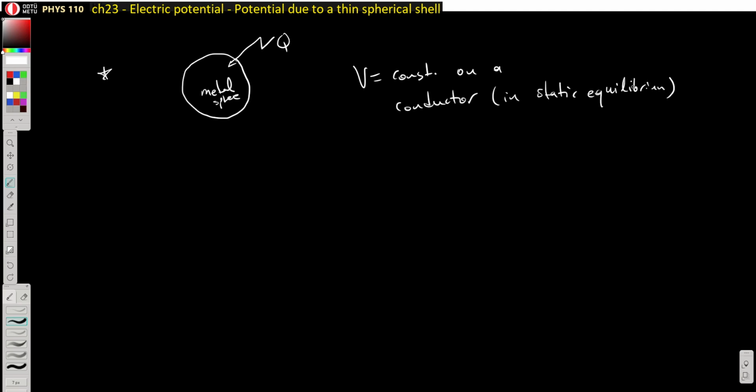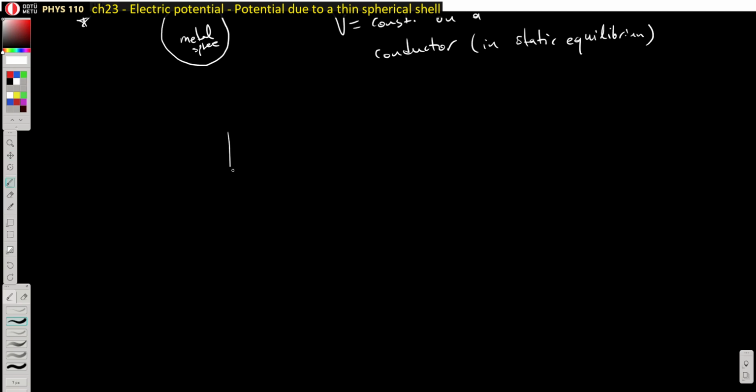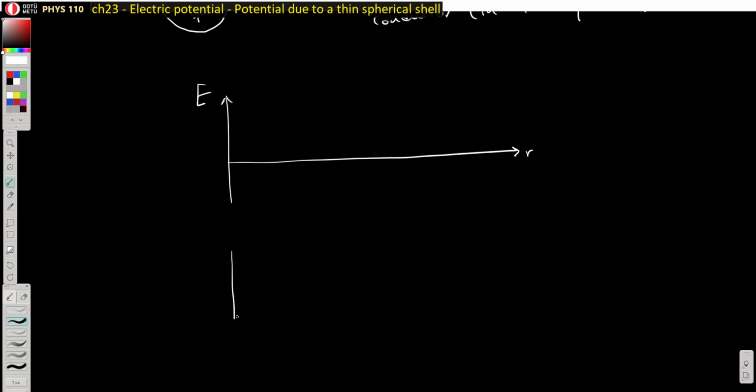Okay, so therefore I'm going to draw this again. The electric field as a function of the radial distance. I don't need to use r prime in here anymore. And then the potential due to this. So I'm going to use a thick color in here.